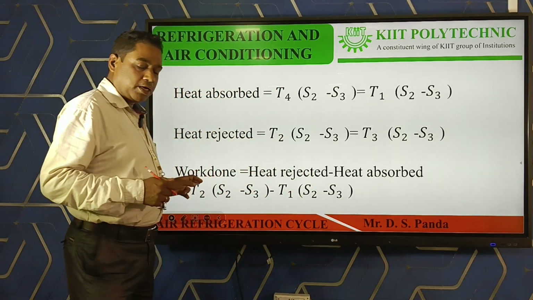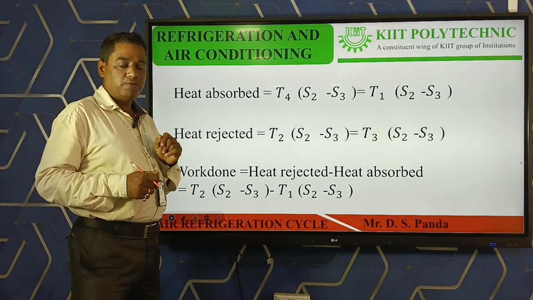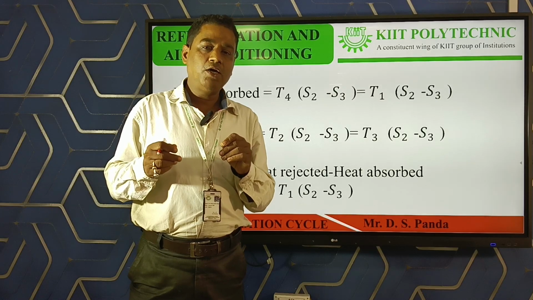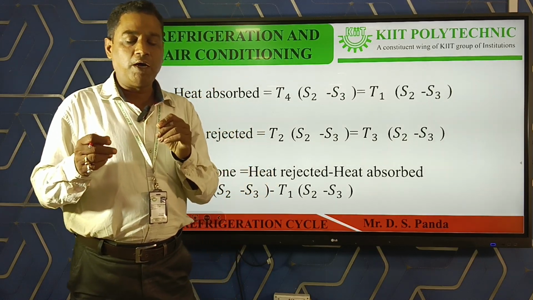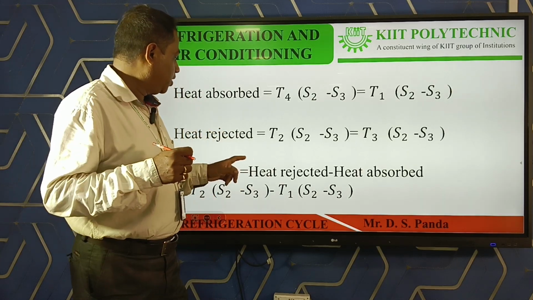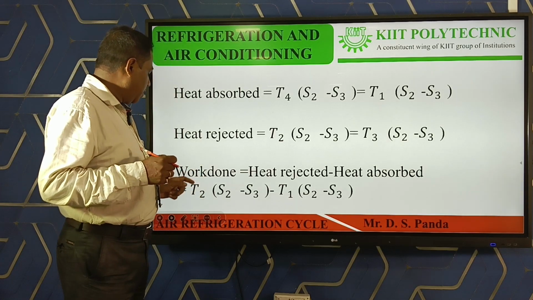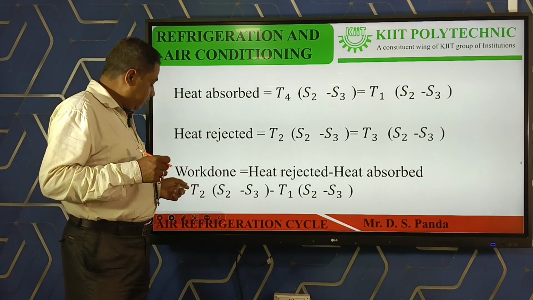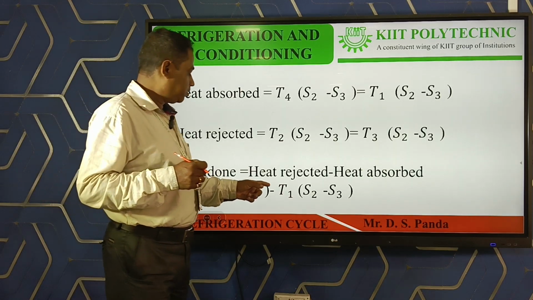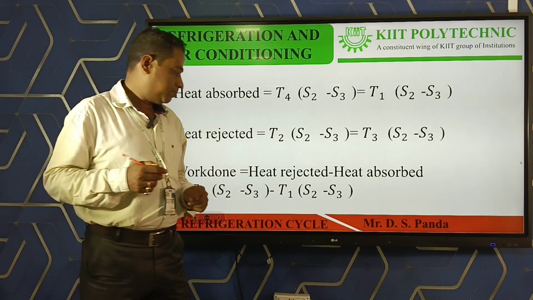The work done is equal to heat rejected minus heat absorbed, that is the quantity of heat rejected to the condenser minus the quantity of heat absorbed, or refrigerating effect produced by the refrigerator. So finally, the work done is T2 into S2 minus S3, minus T1 into S2 minus S3.